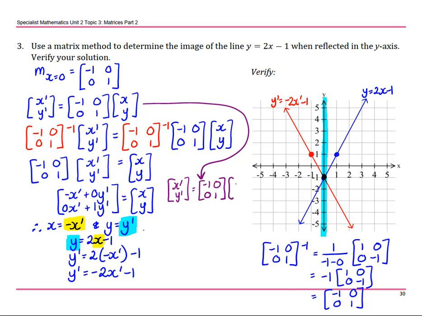If we do the multiplication on the right-hand side, we get negative 1 times x is negative x plus 0y, and 0x plus 1y. So that means that our image of x equals negative x, and our image of y equals y.